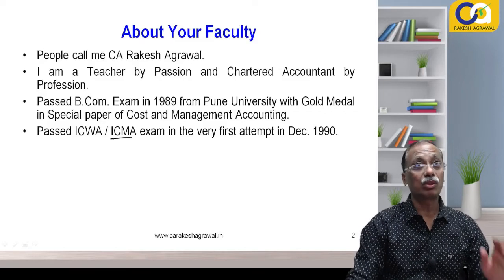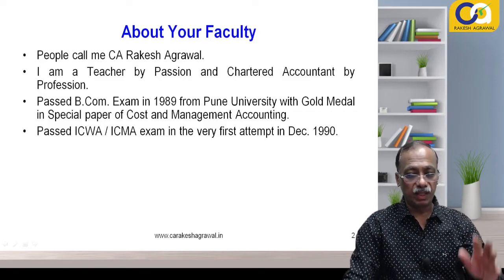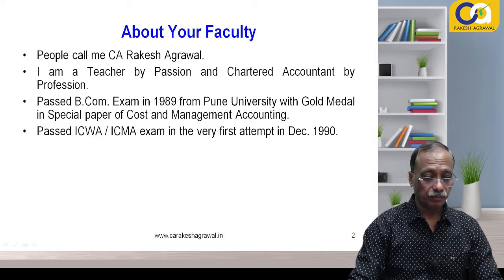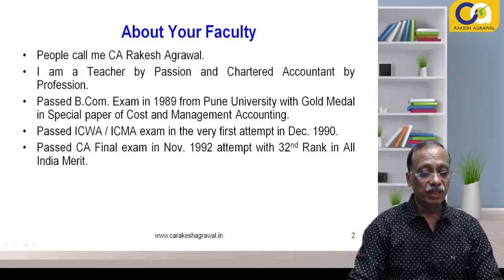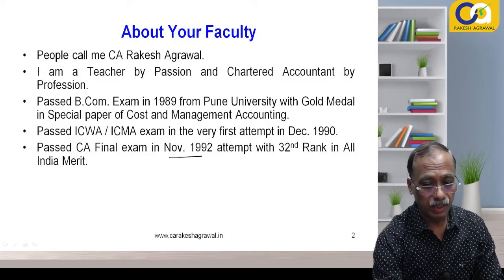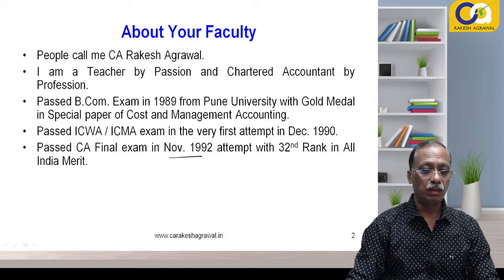Earlier it was known as cost and works accountant. I passed it in the very first attempt in the December 1990 exam. I passed my CA final exam also in the November 1992 attempt with a 32nd rank in All India merit.